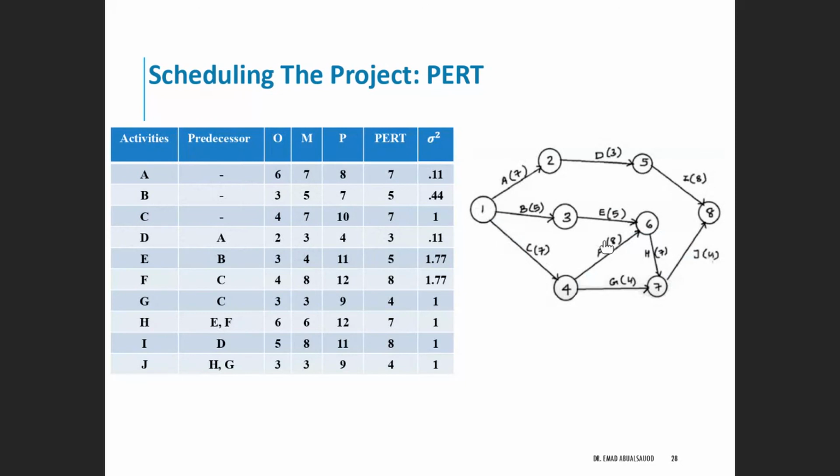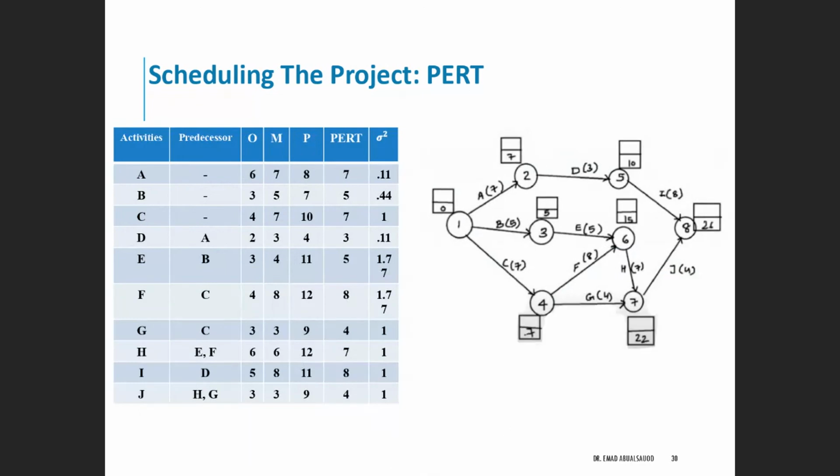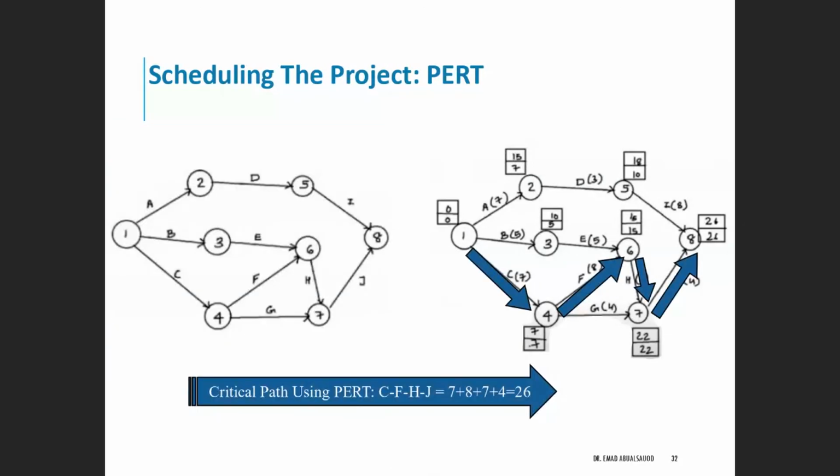Okay, 7, 8, 7, and 4, and that will give you the 26 days is the critical path time. وقت اللي هو critical path حيكون 26 by adding all the PERT values for those activities.